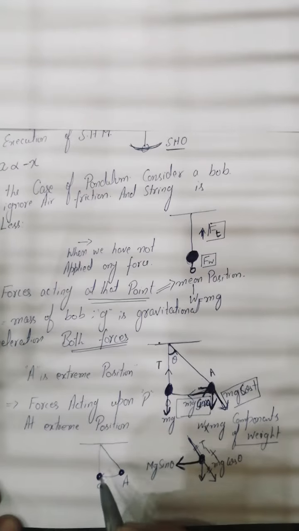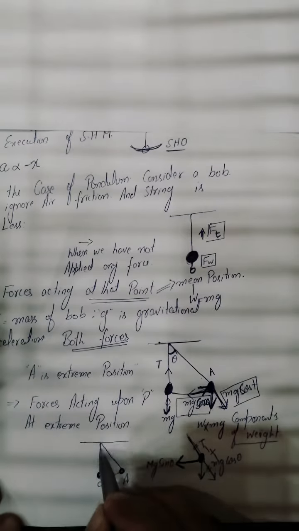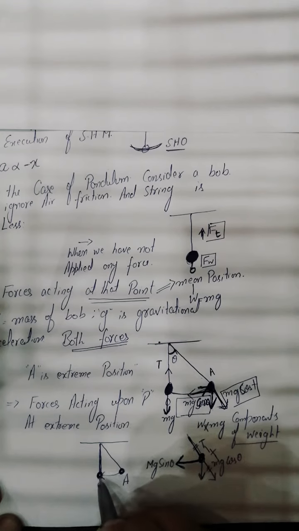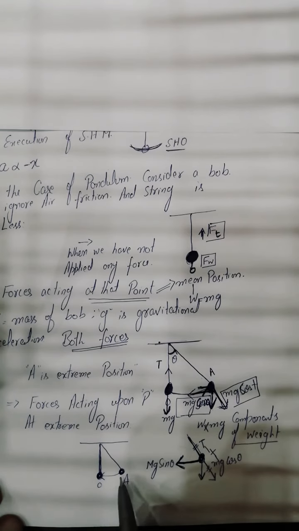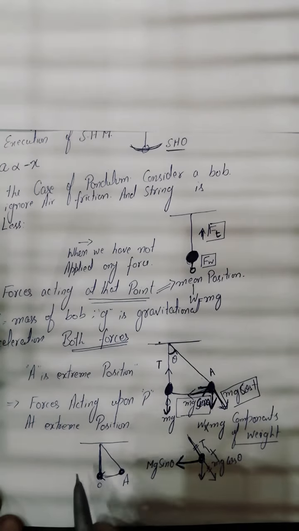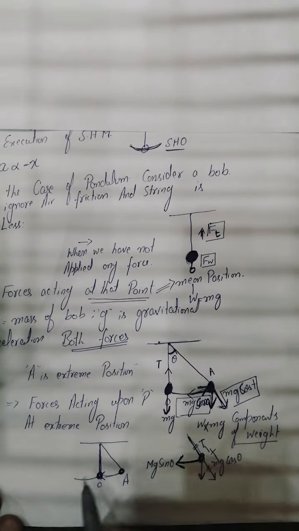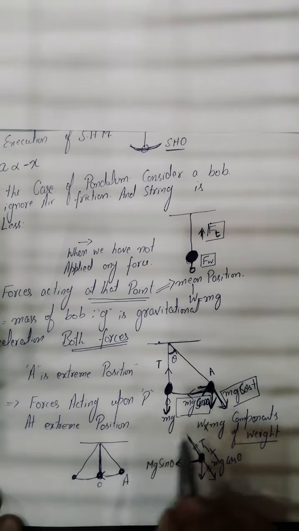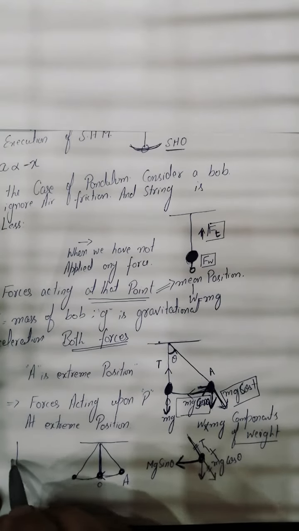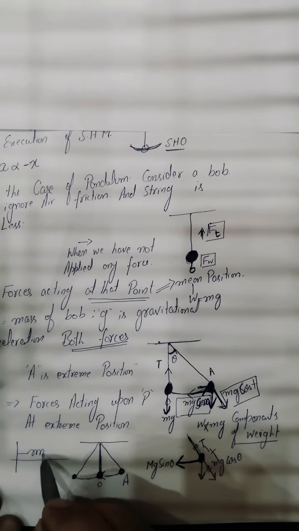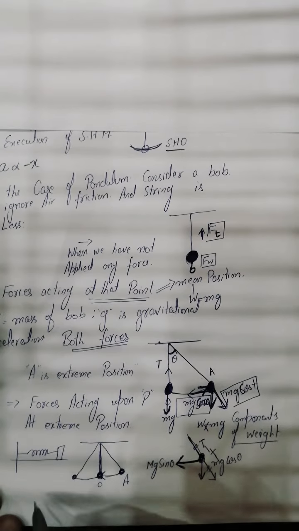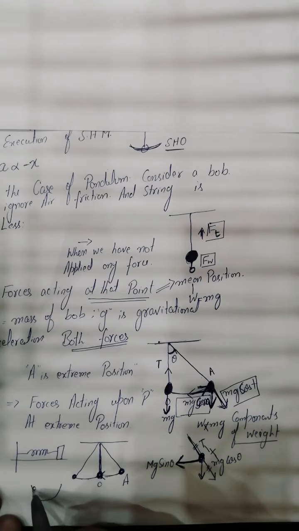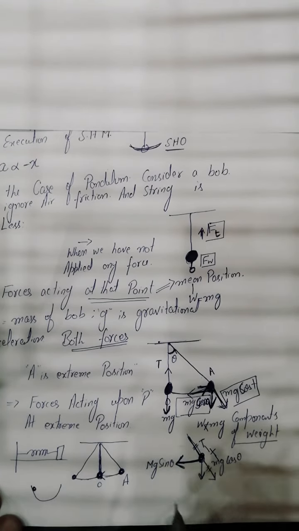Can you tell why this pendulum is not going to stop here? Because due to inertia it will not stop in its mean position. It will go towards the extreme position, same as we have learned in the mass spring system and the example of a ball bearing in a bowl.